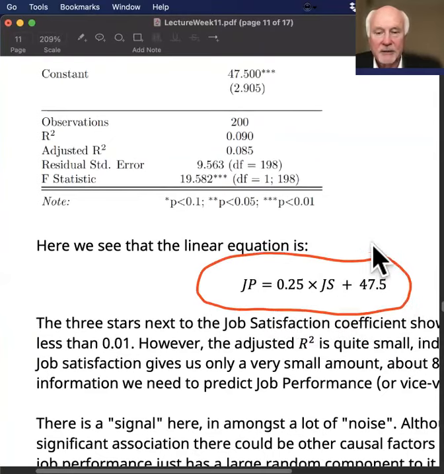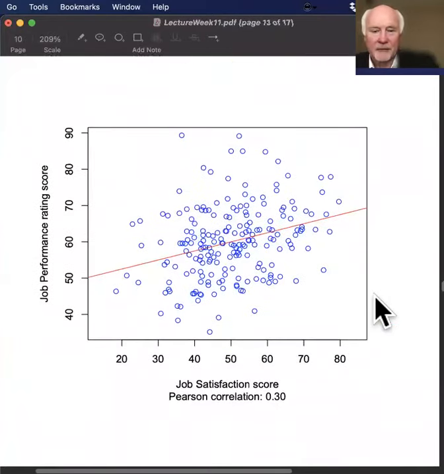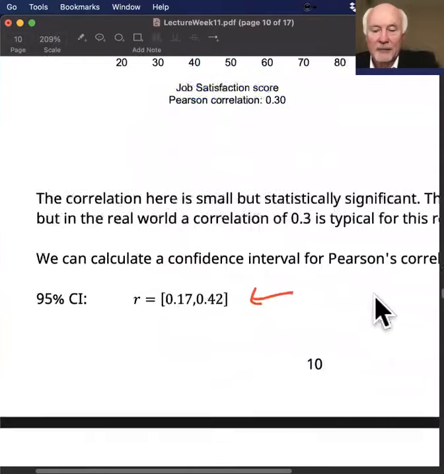That's this thing here. So the estimate is that job performance is equal to 0.25 times job satisfaction plus a constant or intercept of 47.5. And then there's a whole lot of error around that, which is why we've got this kind of scatter of points rather than points sitting on a line.